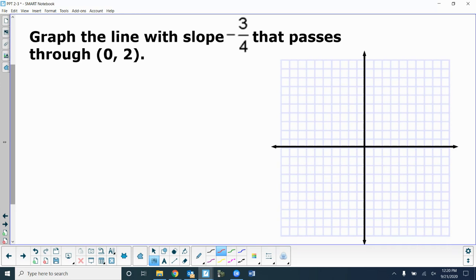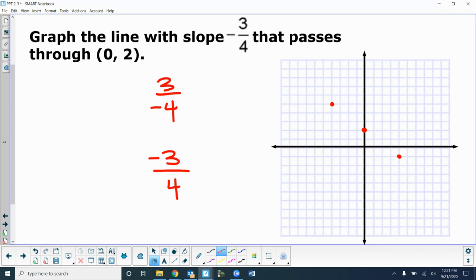So I'll show you. 0, 2 is here. So if you go up 3, you go left 4. Or, oops, go down 3: 1, 2, 3, and right 4: 1, 2, 3, 4.